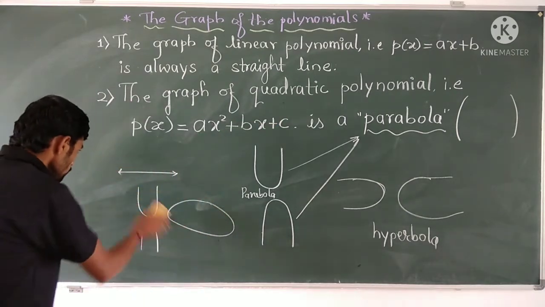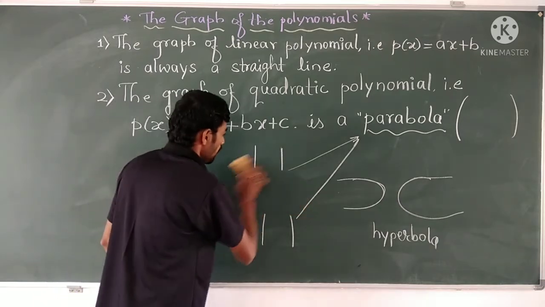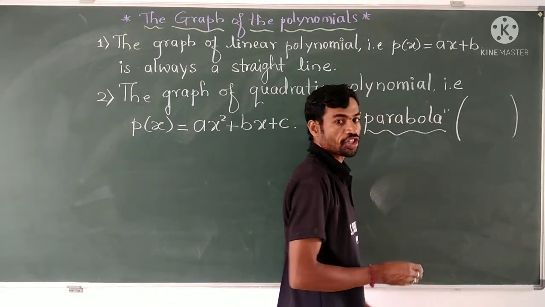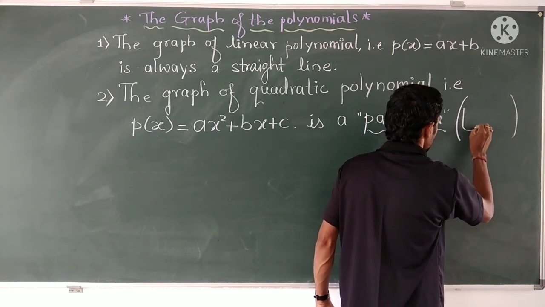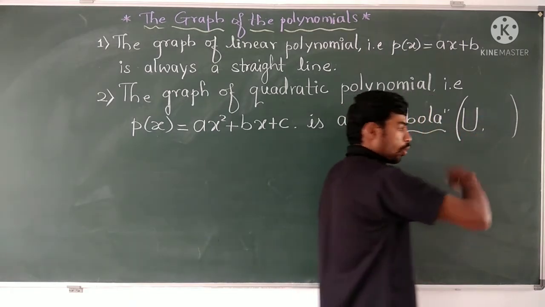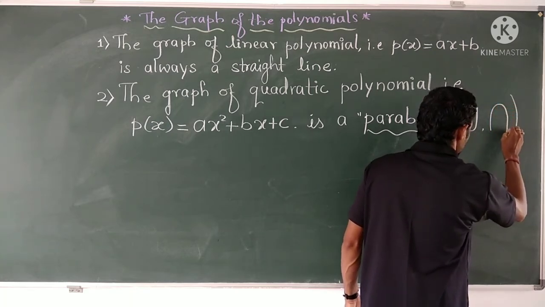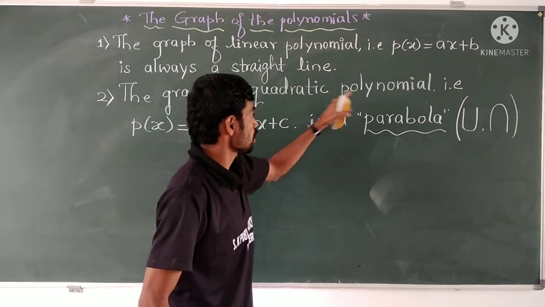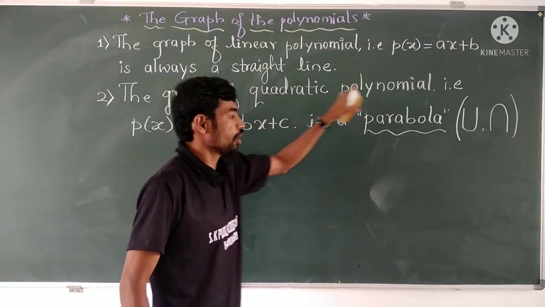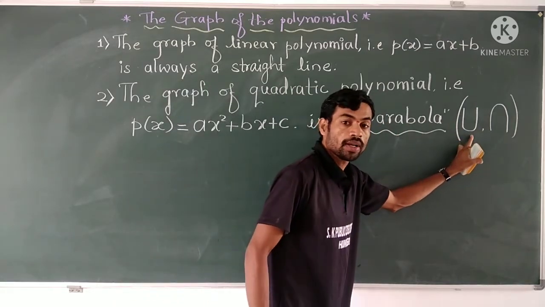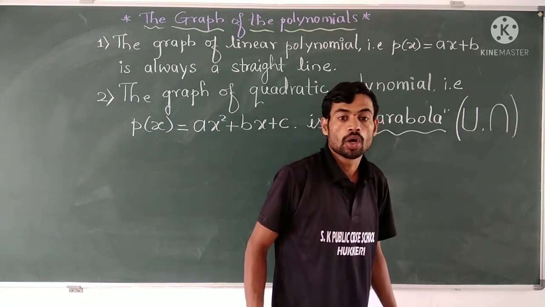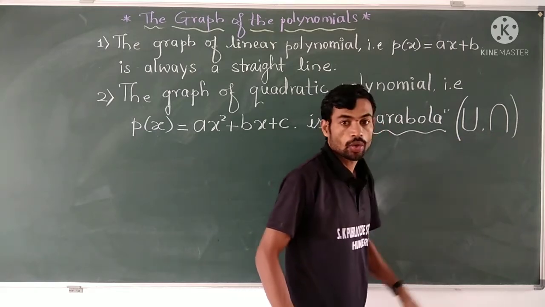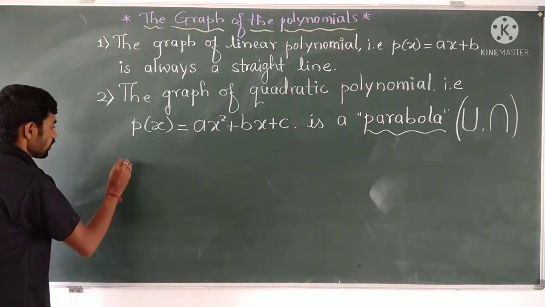When we construct a graph for a given quadratic polynomial, either you get open upward or open downward. Let us see when we get each.